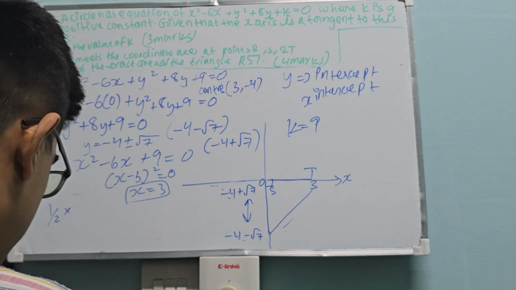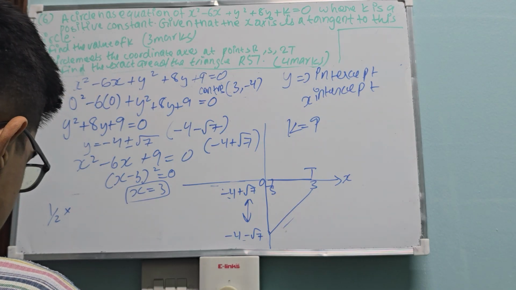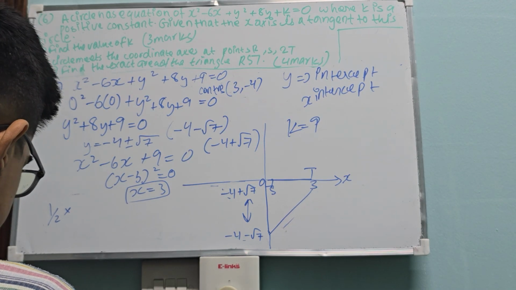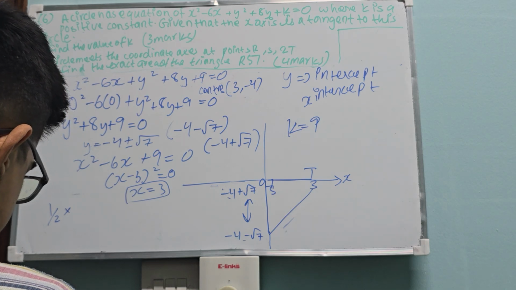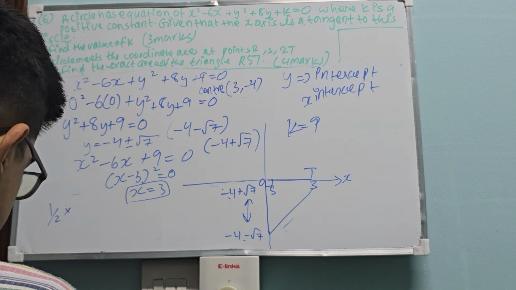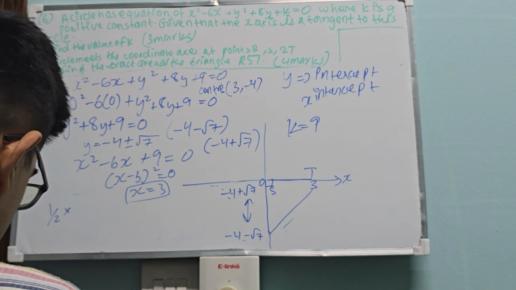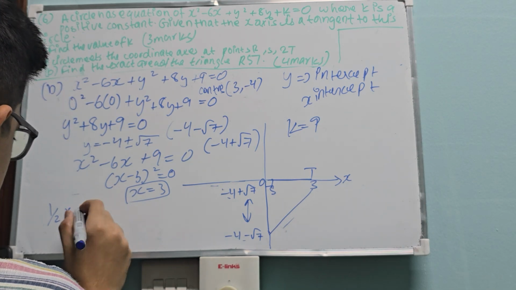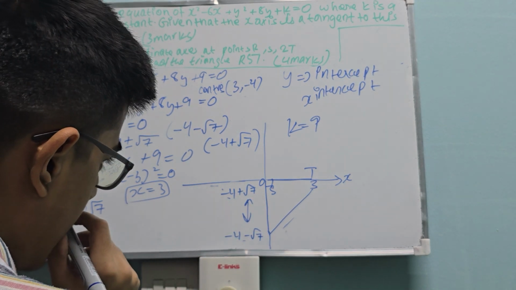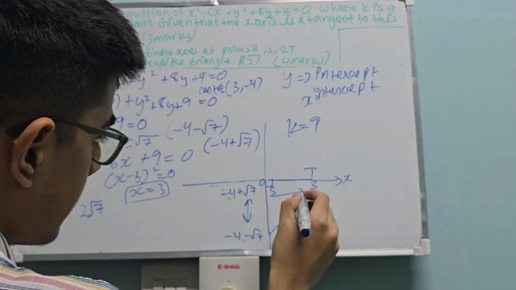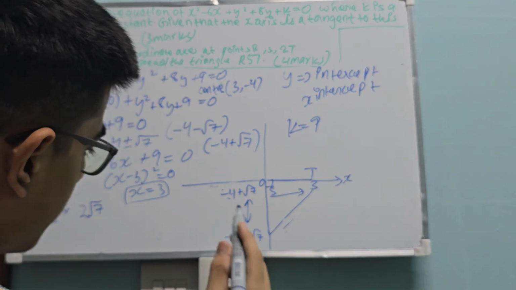If we work out the difference, you should be getting 2 root 7. And the perpendicular height is going to be 3.